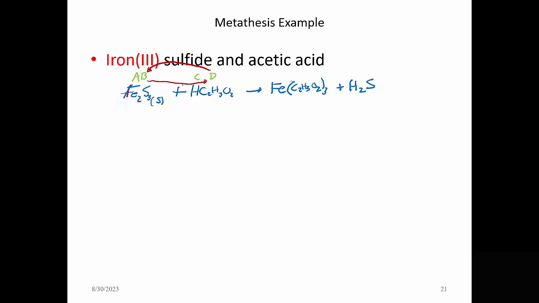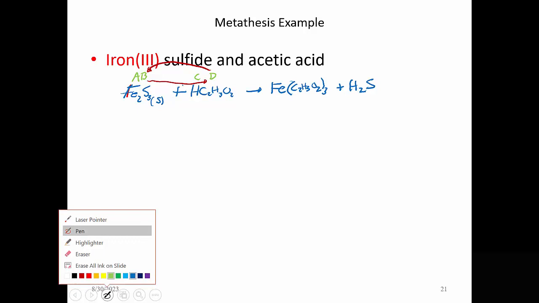That would be the second product. So AB yields AD plus CB. And so this is how I figure out what the products are. If it fits this format, and this is called the double replacement format, which is probably the most common metathesis type reaction here.